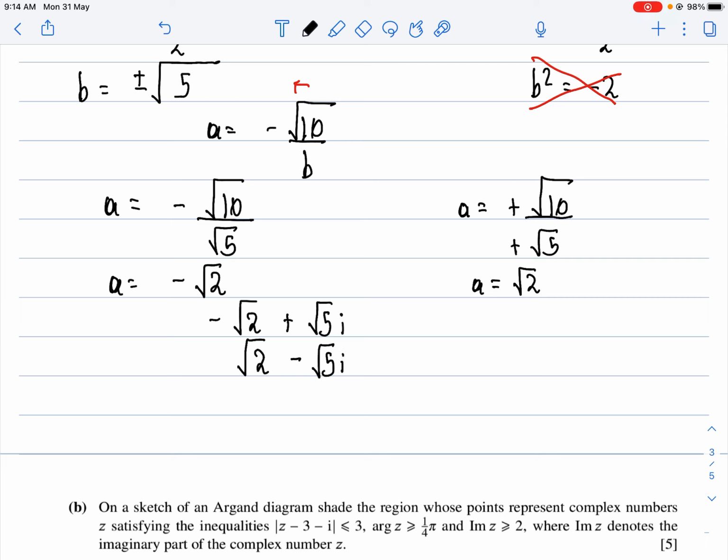It can be denoted by a plus or minus, but yeah, this is basically the final answer of part 1 of part A.